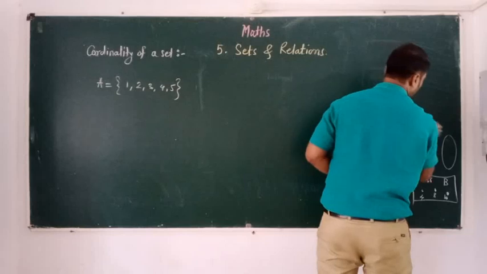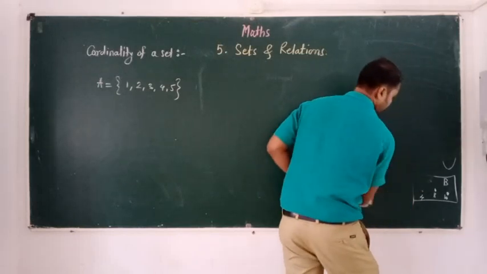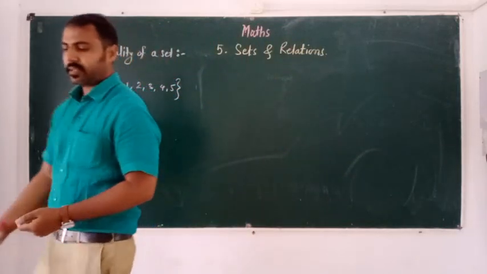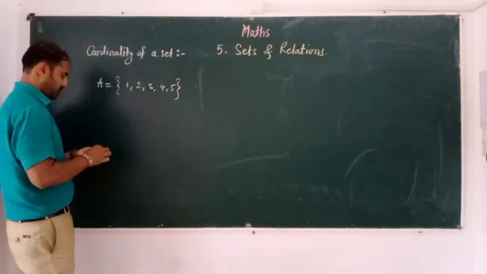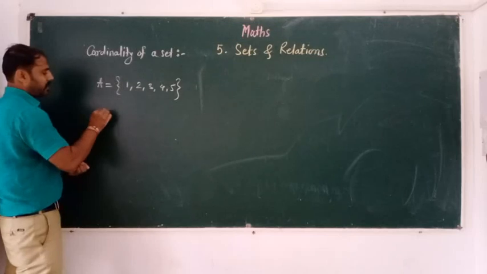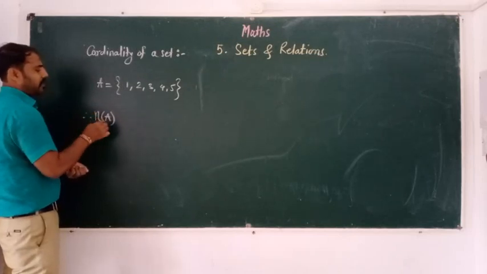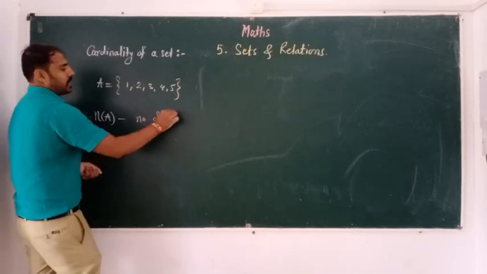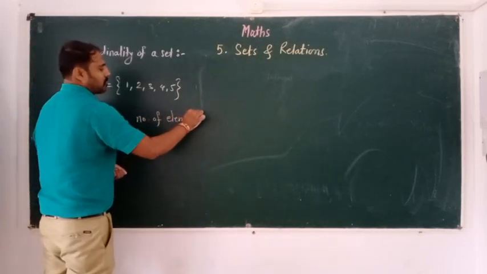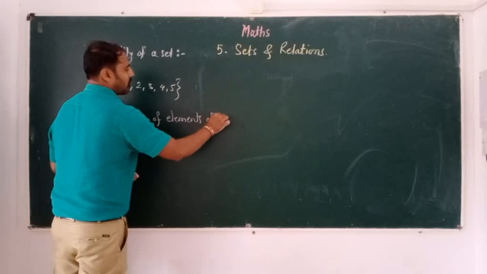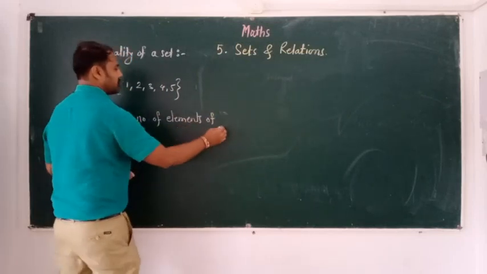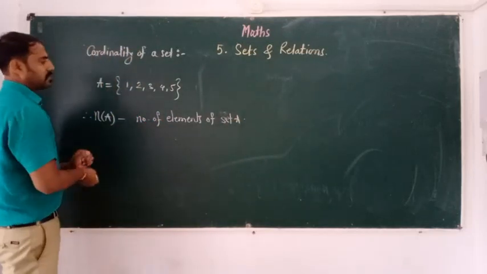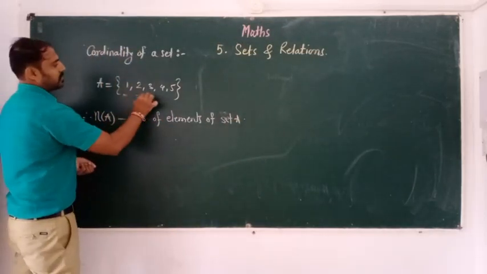That number of elements in A is called the cardinality of a set, and it is denoted by n(A). n(A) is nothing but the number of elements of set A. How many elements are there?